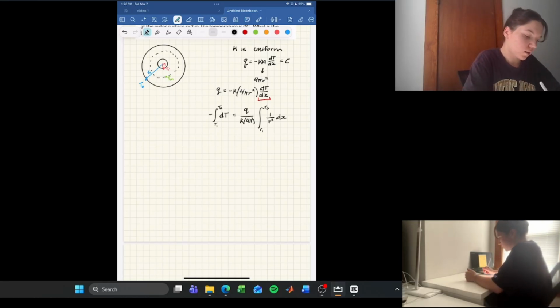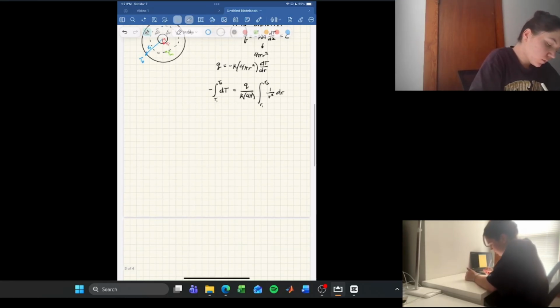And I can rewrite the Fourier's law because the change in position is really the change in the lengths of the radius. And then we can integrate both sides. So this will be negative temperature of the outer minus the temperature of the inner. This section is going to be constant still.